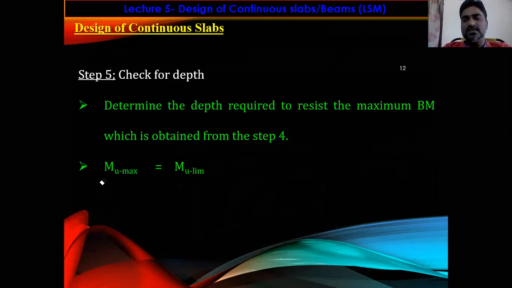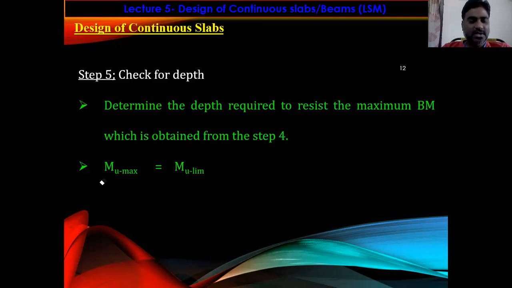That means in the first step we have assumed the depth of the slab, right? So you need to check whether whatever dimensions you have provided in the first step are sufficient to resist the bending moments which are developed within the beam or not, right?